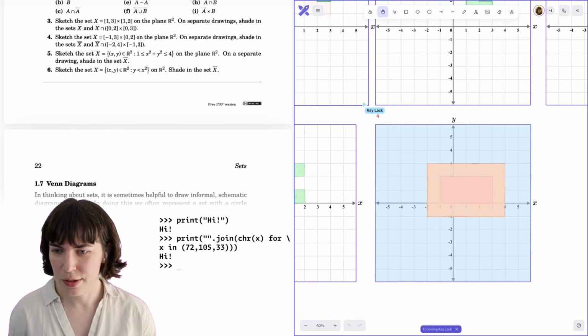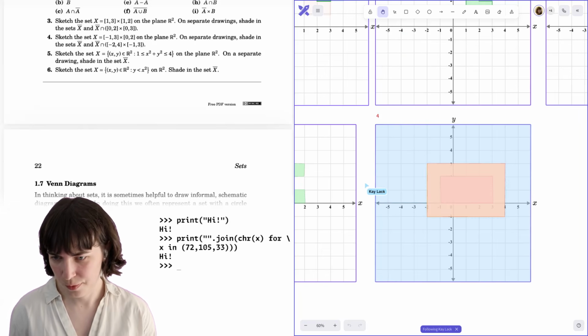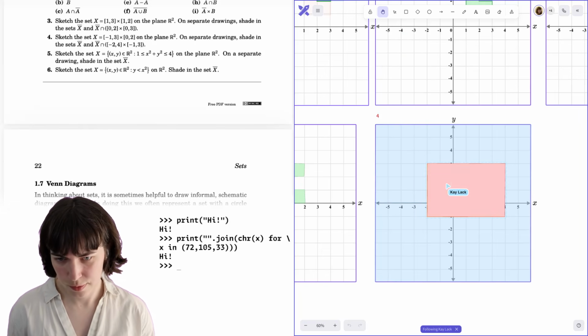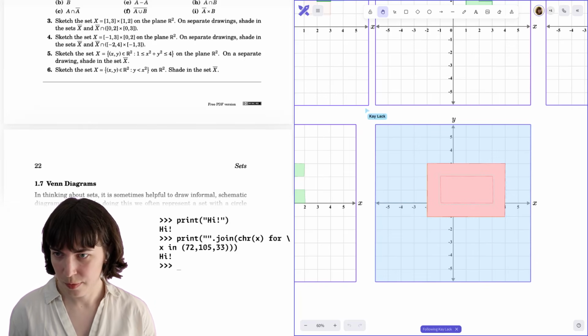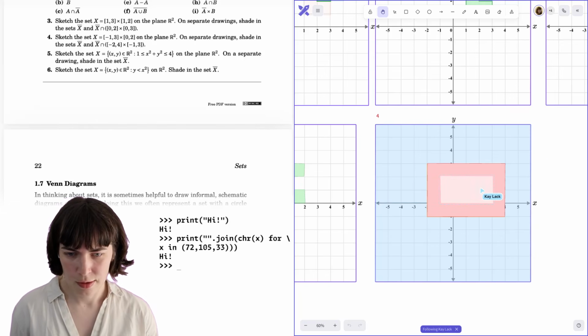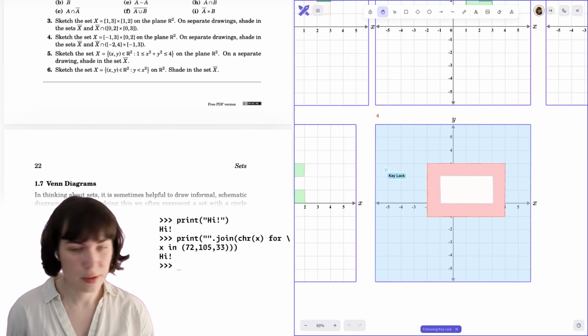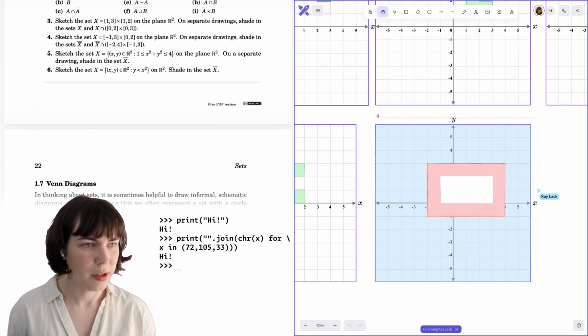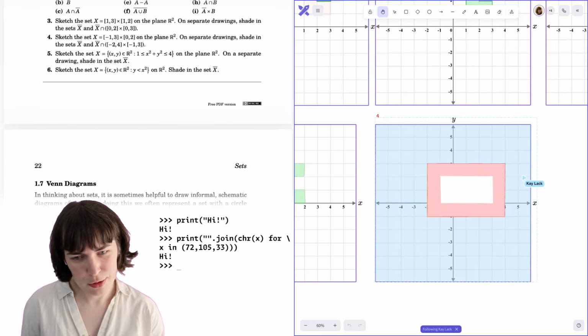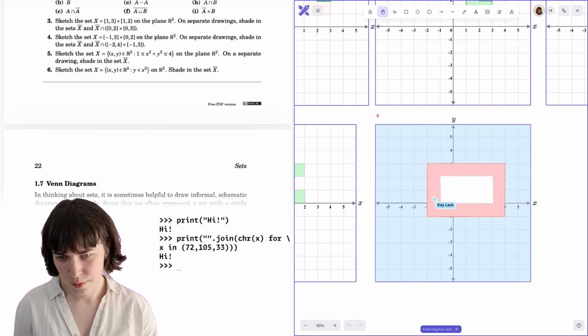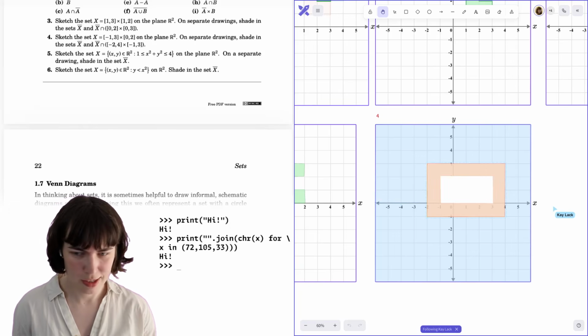Okay, let's make this solid. Okay, I think that's what we're looking for. That type of thing.